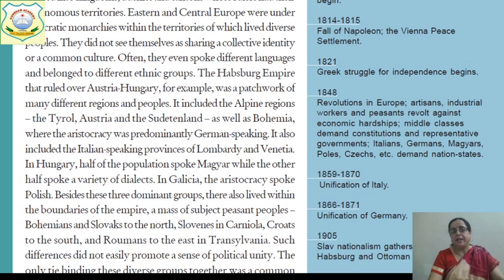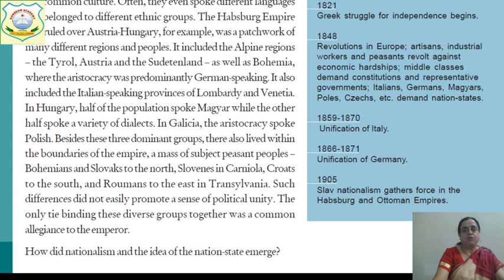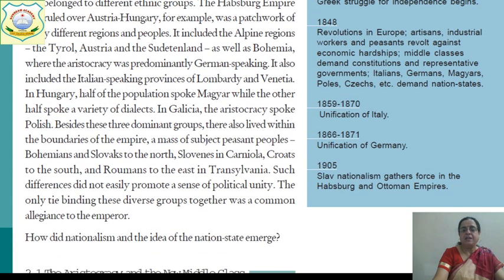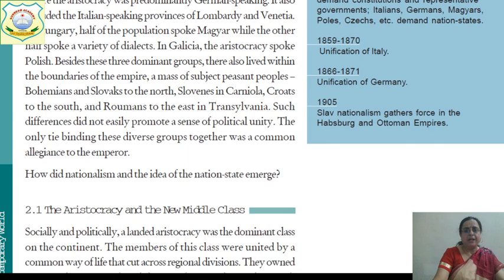They spoke different languages and belonged to different ethnic groups. Even the Habsburg Empire that ruled over Austria and Hungary was an example of a patchwork of many different regions and peoples. People spoke different languages: there was one language for the aristocratic class, and common people spoke different languages.